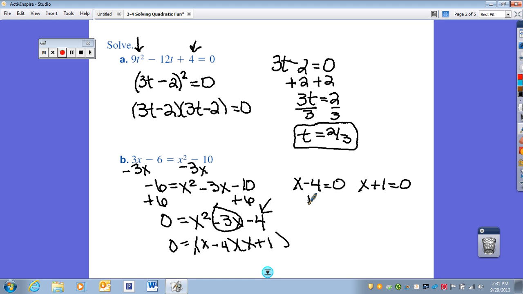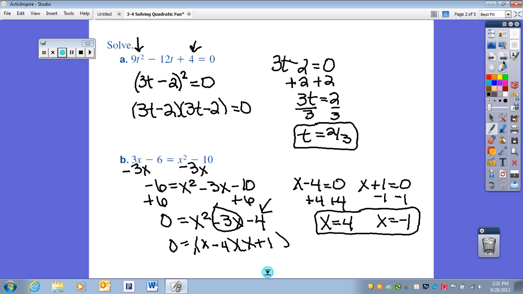So I'm going to add 4 to both sides, so I know that x is equal to 4. And when I subtract 1 from both sides, I know that x is equal to negative 1. These are my two solutions, and you can quickly check by substituting into the equation and making sure that they are true.